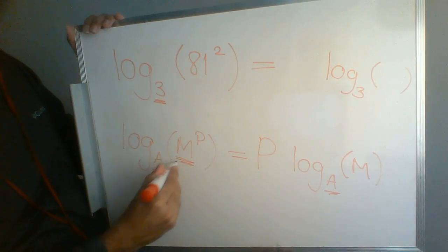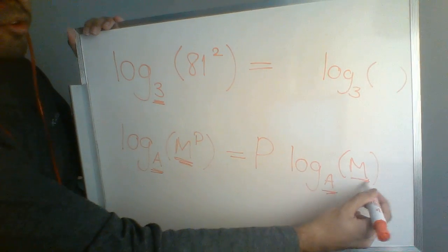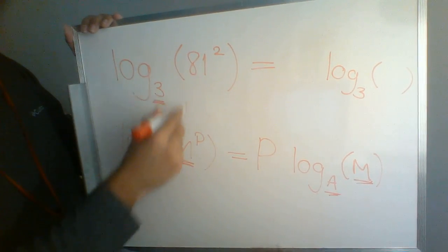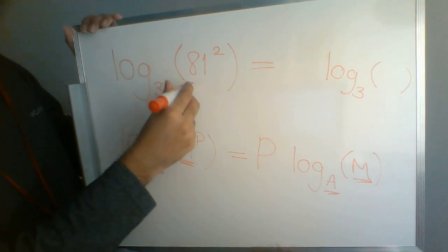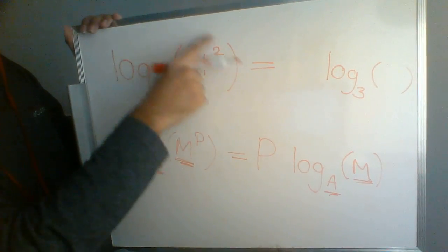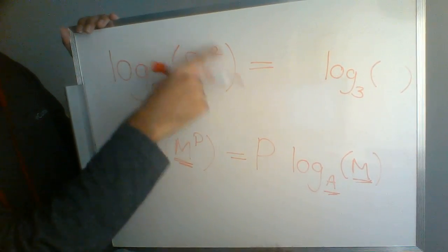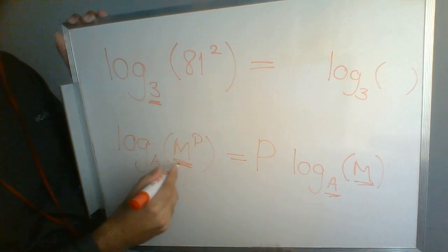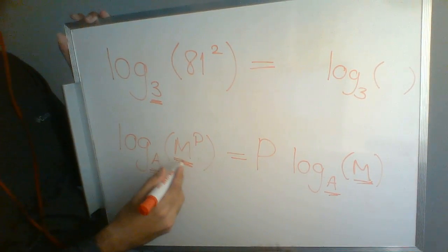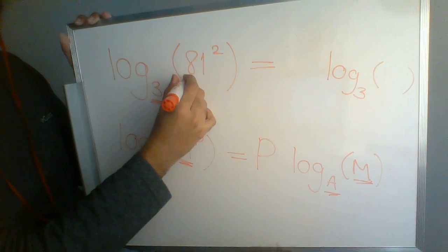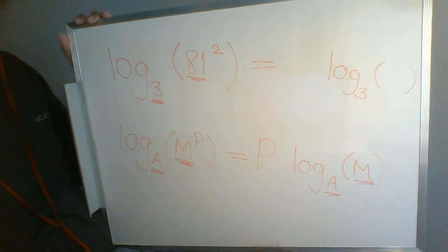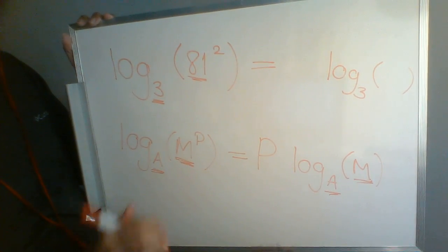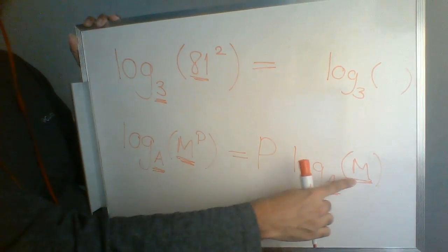We've got m down here, and we've got m over there as well. And up here, that would correspond to the base of our power, the thing that's in our argument here. So that means this m down here, where we're using only letters, corresponds with this 81 up here. So that tells us that m is 81.